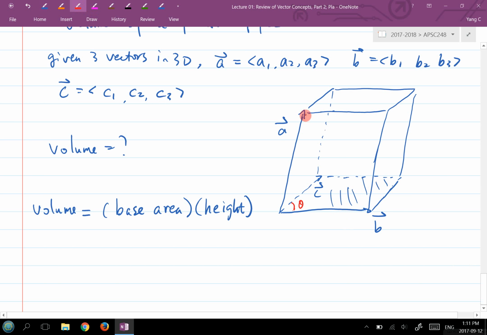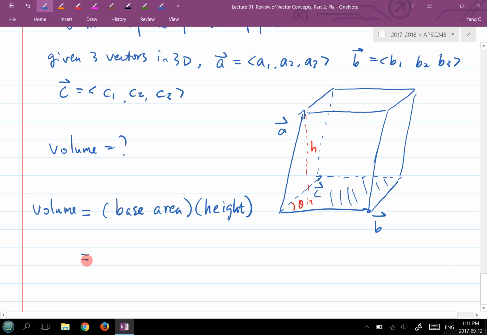Let's say I draw the shortest distance, so that will be the h here. So that will be the height. Is that good? Okay. So now let's proceed from here. Let's look at what the base area and the height are here.